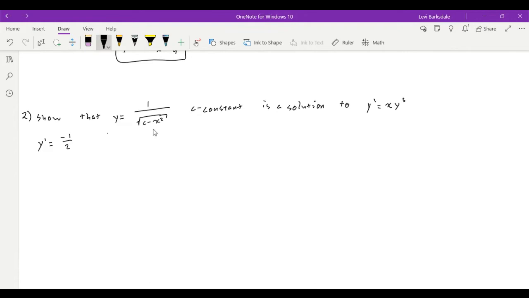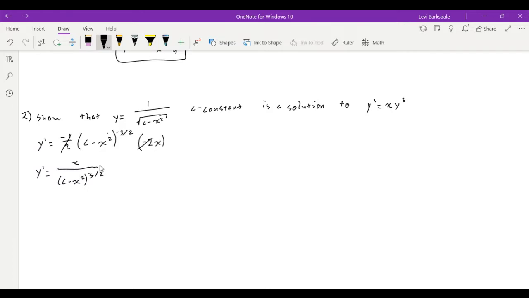So we have, using the chain rule, c minus x squared to the negative 1/2. We take that, negative 1/2 is the power, it goes out front. Then we decrease the exponent by 1 and multiply by the derivative of the inside, sorry. Here, negative 2 cancels with negative 1/2 completely, including the negatives both canceling. So our derivative, y prime, is equal to x over c minus x squared to the 3/2.